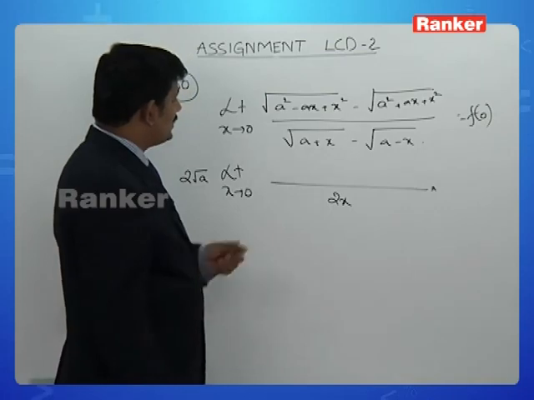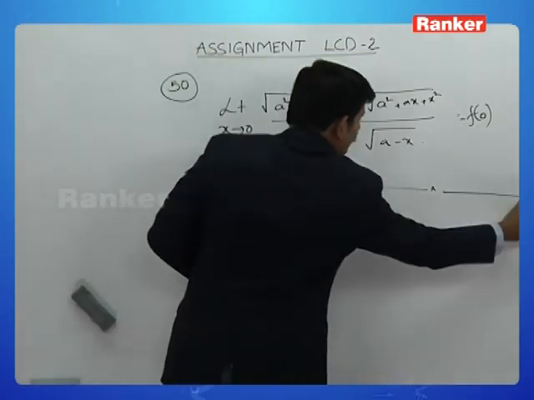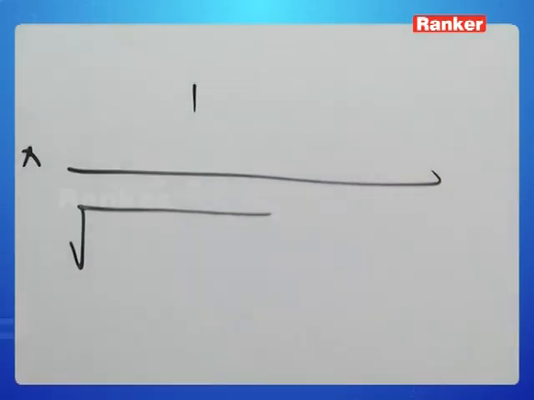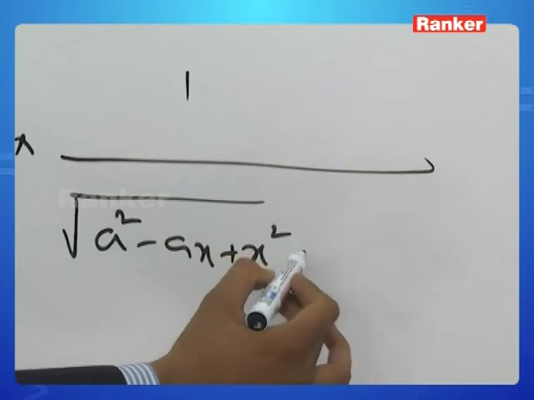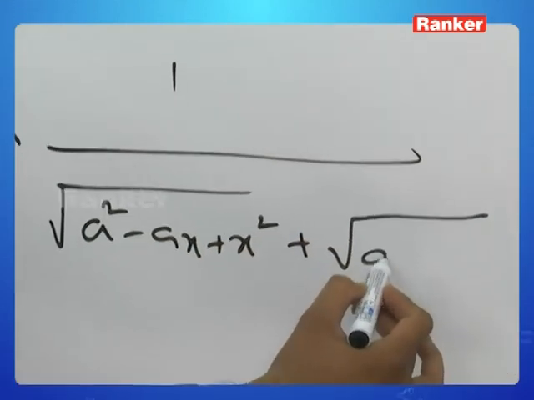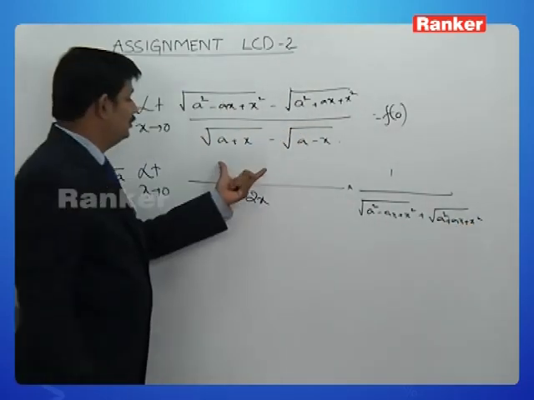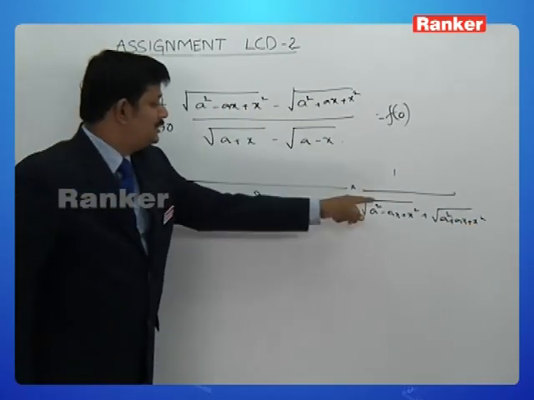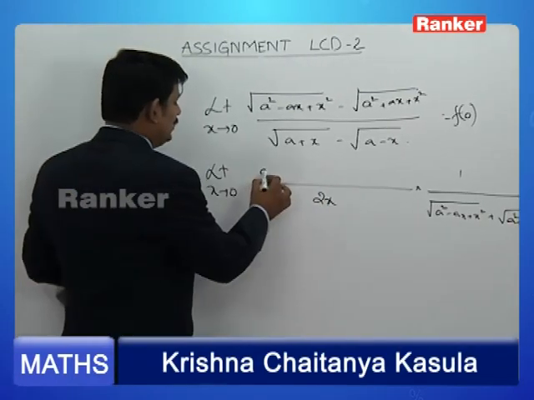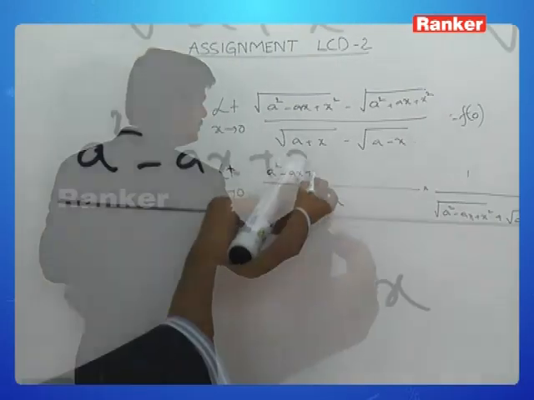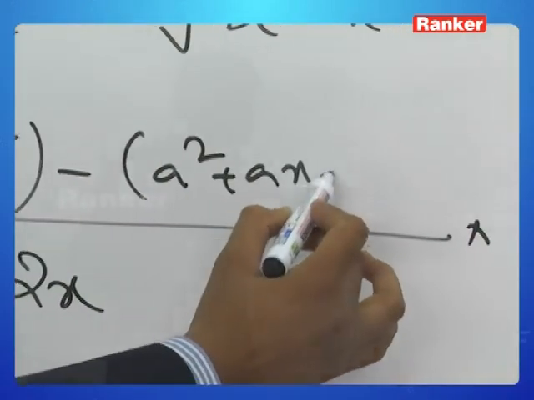Let us similarly rationalize the numerator. To rationalize it, we have to multiply and divide by root over a square minus ax plus x square plus root over a square plus ax plus x square, and in the numerator it is of the form a minus b into a plus b, which is a square minus b square, which is a square minus ax plus x square minus a square plus ax plus x square.